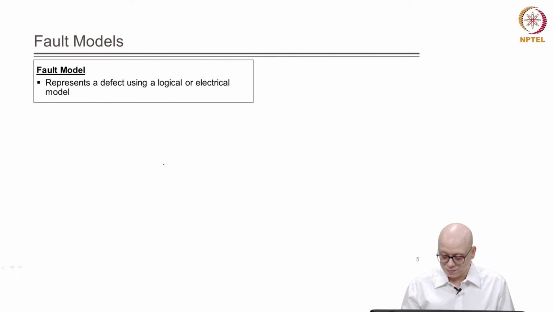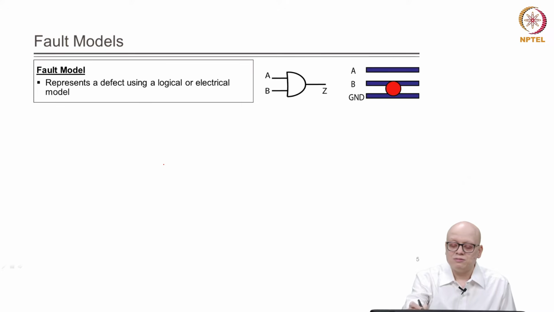So, let us take an example. Suppose we had an AND gate with two inputs A and B, producing an output Z. For this AND gate, we made a layout, and with this, the A line was running, the B line was running, and also a ground line was running, right.